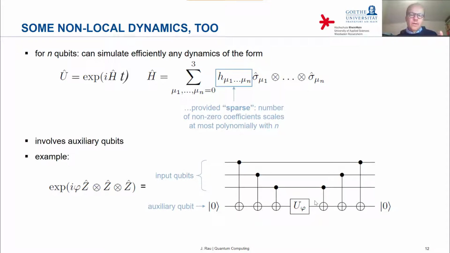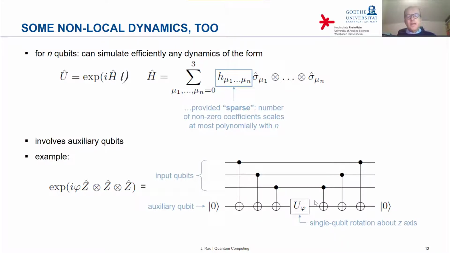So you create a non-trivial 4-qubit state. And then at the center you have a single qubit gate that applies only to the auxiliary qubit, and this U phi effects a rotation on the Bloch sphere around the z-axis by an angle phi. And that happens to the auxiliary qubit.